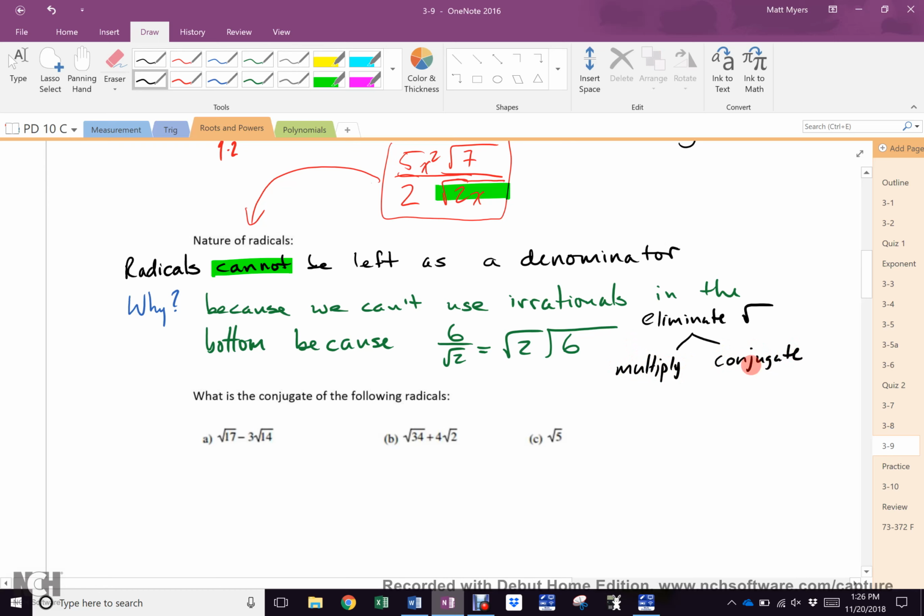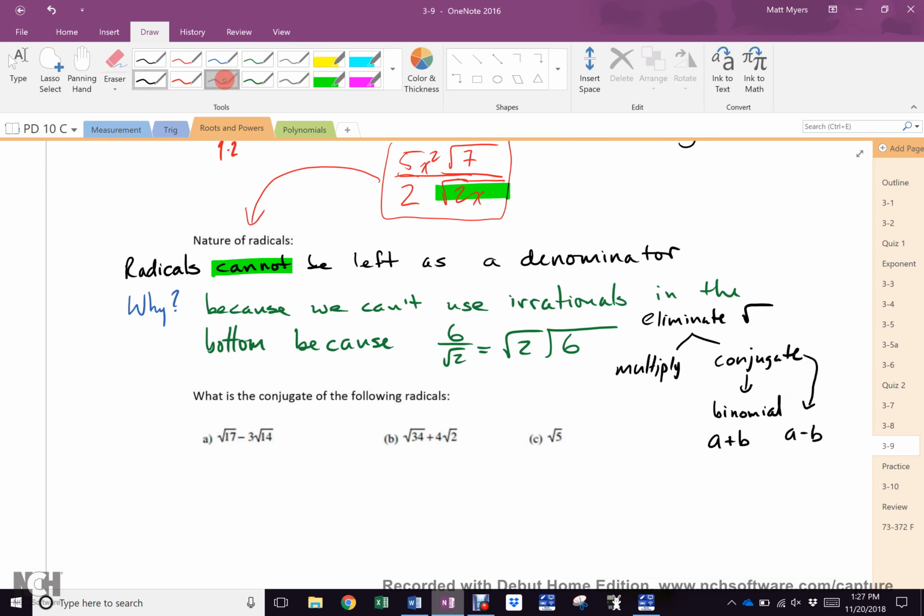The conjugate is when you have a binomial, and this is what the conjugate is. A plus b is normal. The conjugate is a minus b.